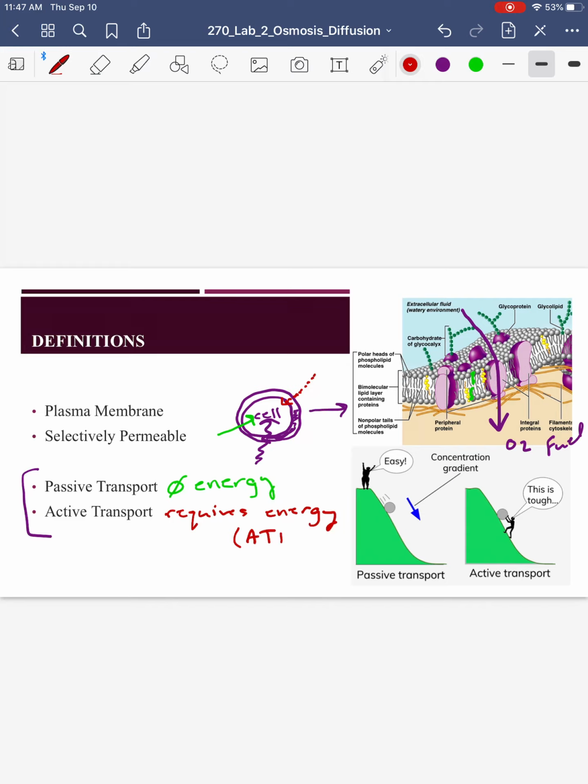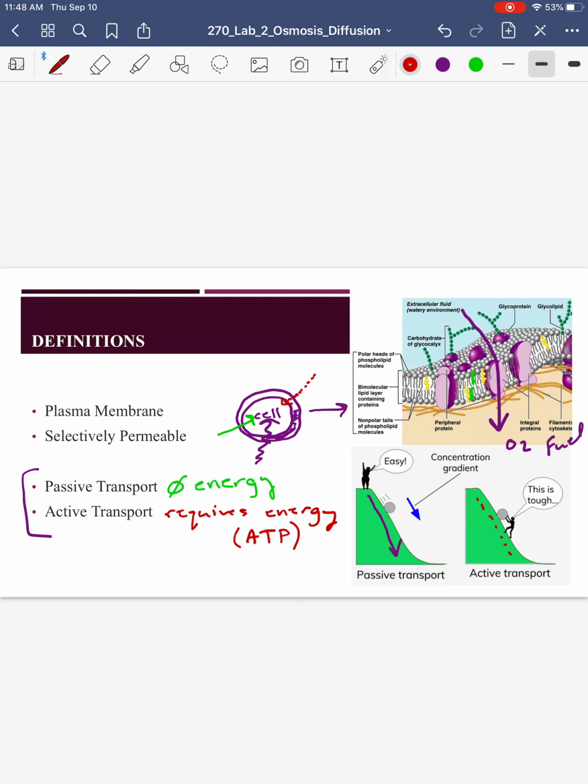This little picture on the right does a really good job of explaining this. With passive transport, things move from a high concentration gradient to a low concentration gradient, so it does not require any energy. With active transport, you are trying to go against the grain.